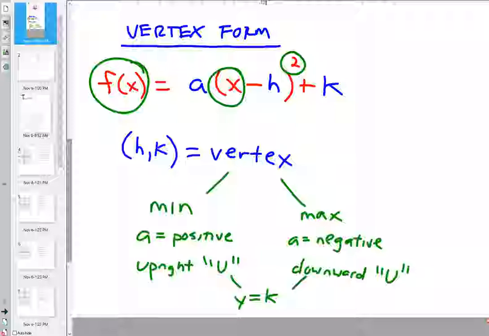Say that again? Yeah, well, because I didn't know how to write it. I wrote a U because normally I teach this first. Another thing I was surprised about is that a lot of you already knew what a parabola was.